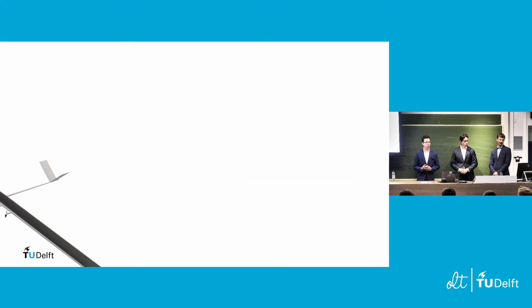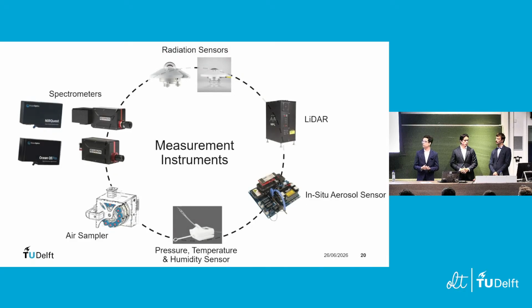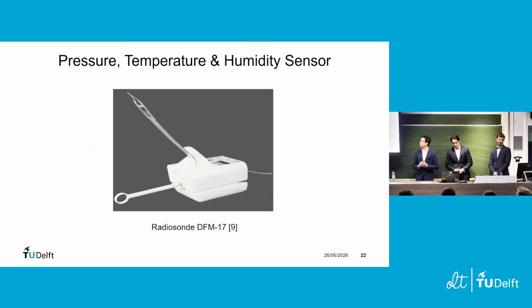Starting with the payload instruments. The payload instruments that SORA will carry are all of the ones that you can see there. To measure pressure, temperature, and humidity, we will use one single instrument, the radiosonde DFM-17.